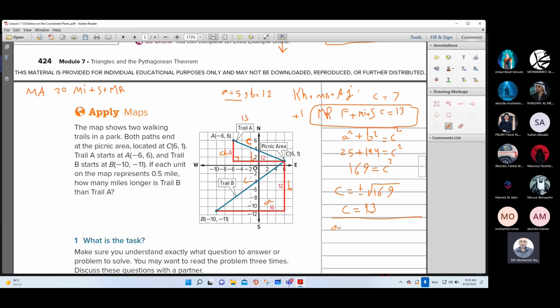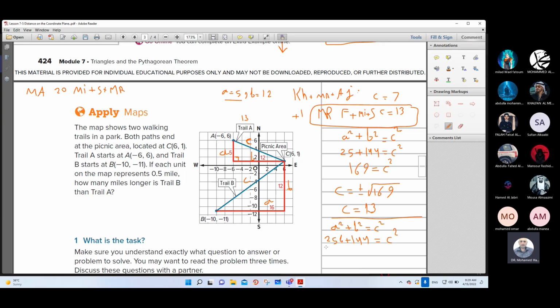Check with me. A squared plus B squared equals C squared. The value of A is 16, so 16 squared means 16 times 16, equal 256. The value of B is 12, so 12 squared means 12 times 12, which is 144.